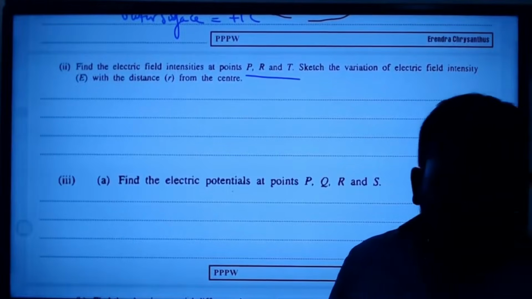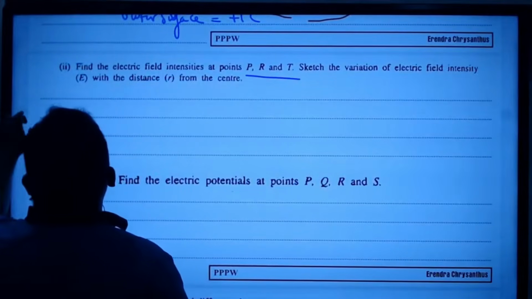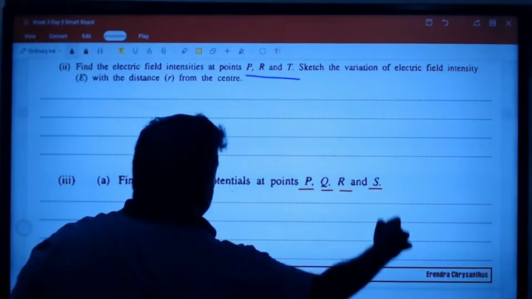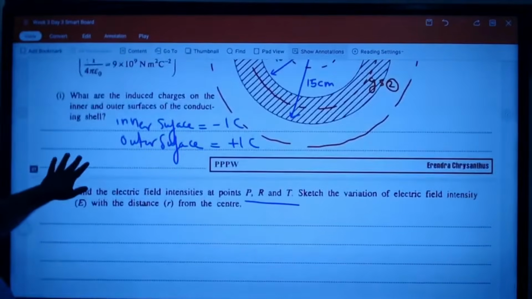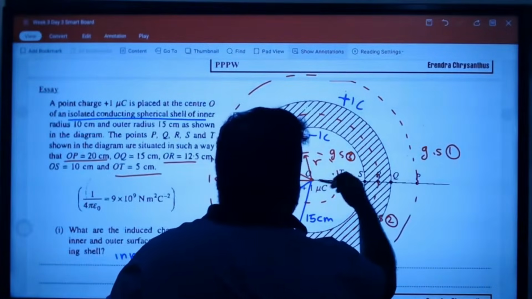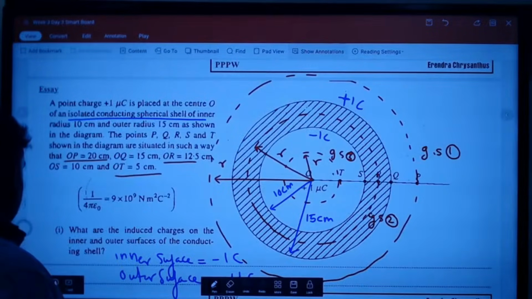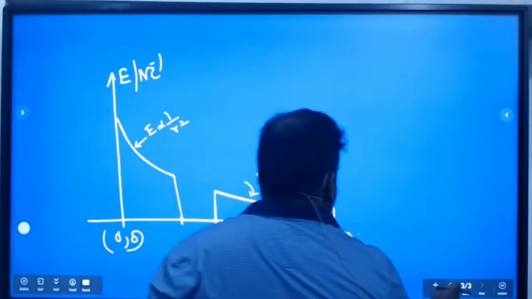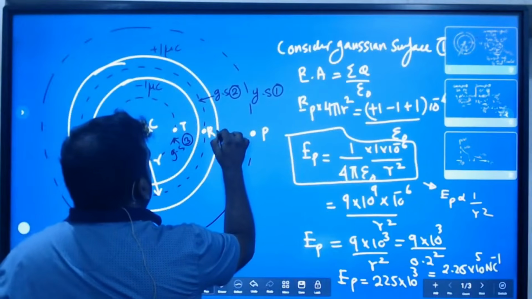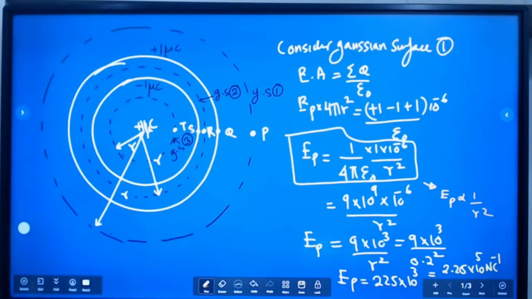Check one. Find the potentials at PQRS. Where is PQRS? I am naming from outside, PQRS. So how do you find the potentials?